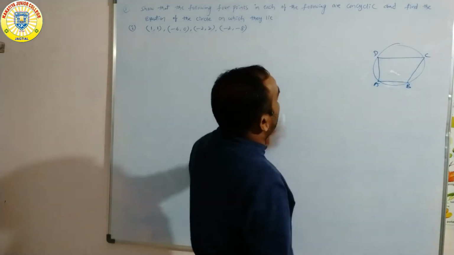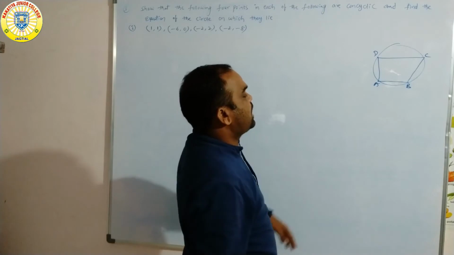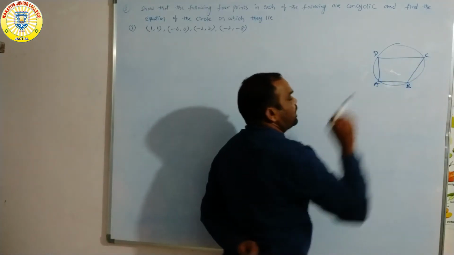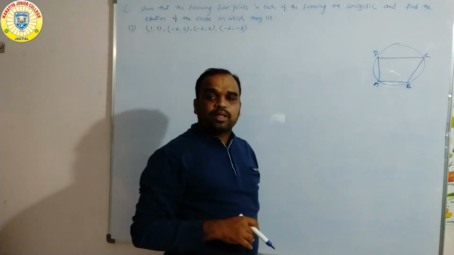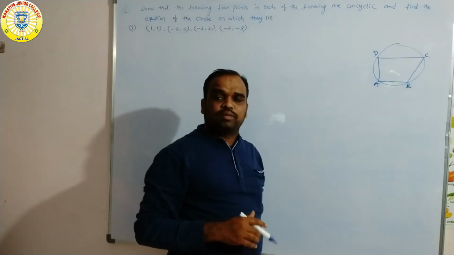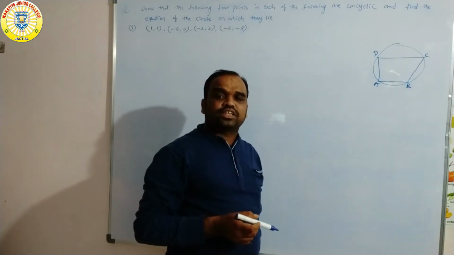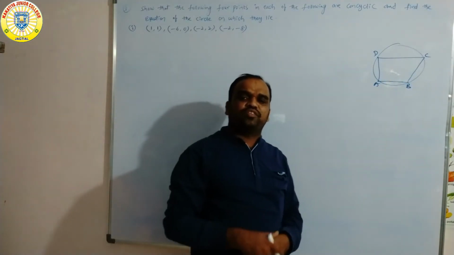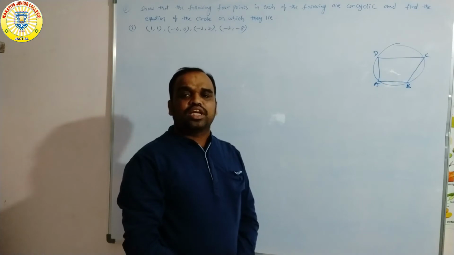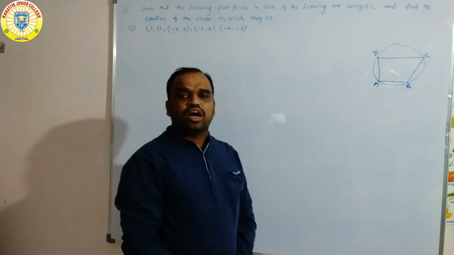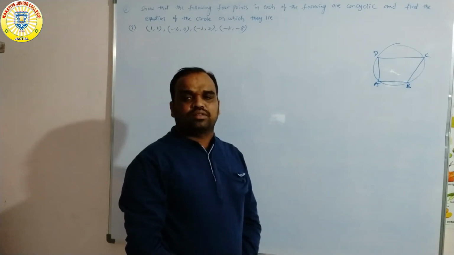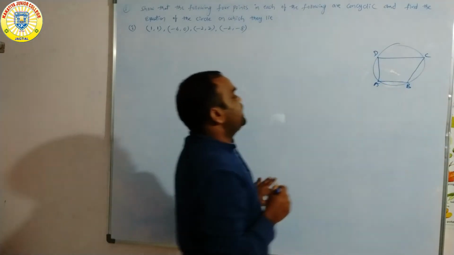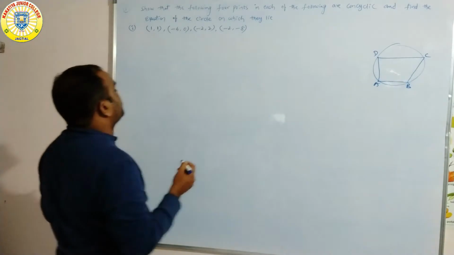To show the 4 points are concyclic, first we find the equation of circle passing through 3 points. In that case, we get one circle equation. The 4th point we substitute in the circle equation. If it satisfies the circle equation, the given 4 points are concyclic. Otherwise, non-concyclic. So first we take the equation of circle passing through the 3 points.